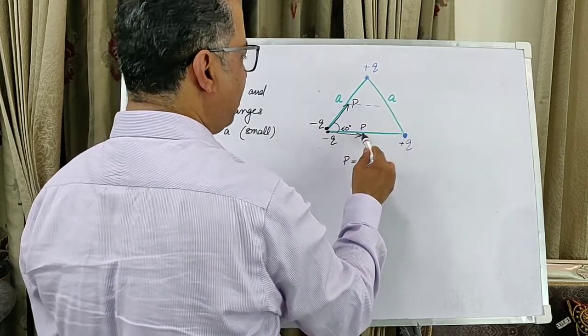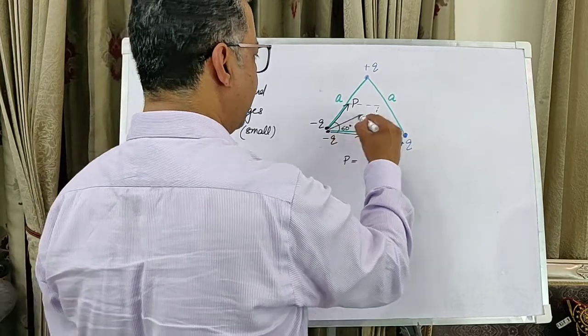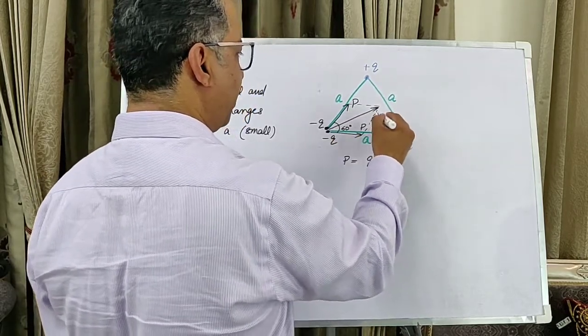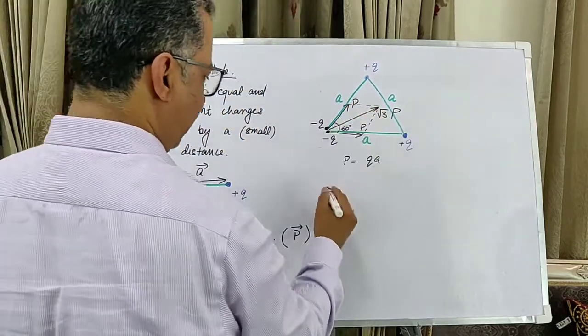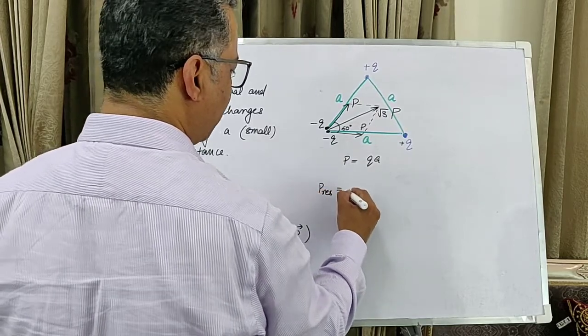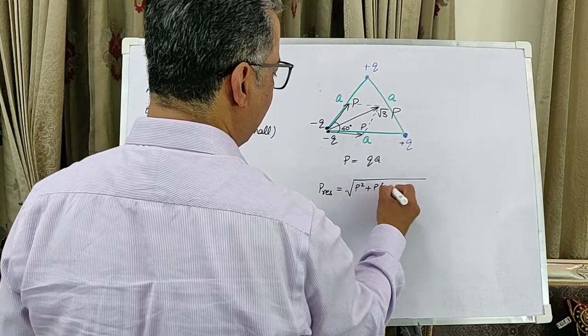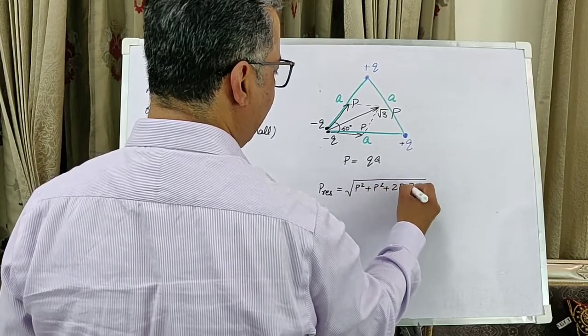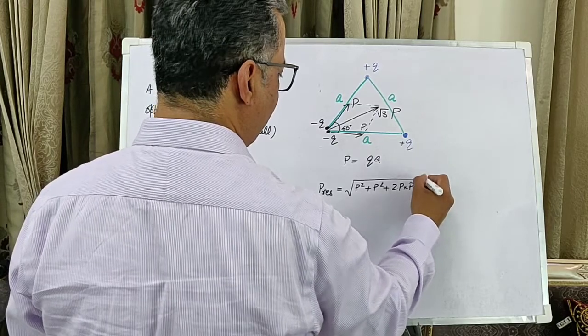Now the resultant of these 2, when added vectorially, should give us root 3 times P. Quite easy to make that calculation. P resultant or P net should be equal to the square root of P square plus P square plus 2P into P into cosine of the angle 60 degrees between them.